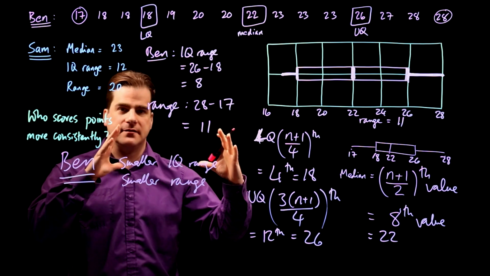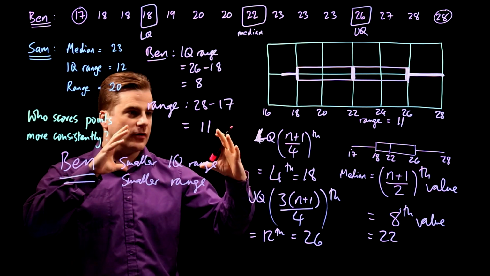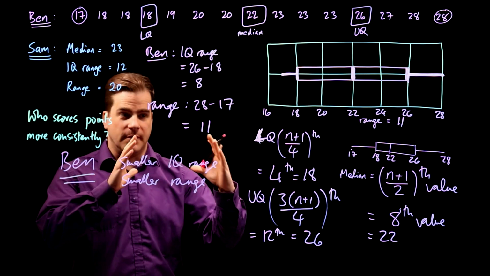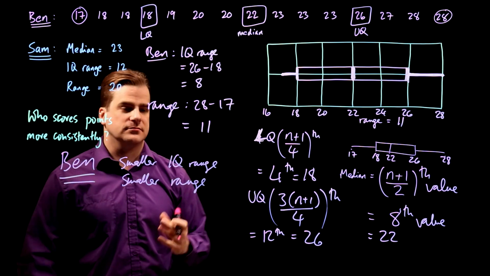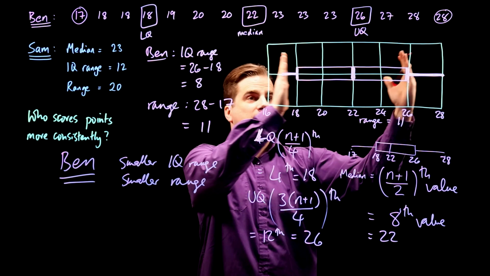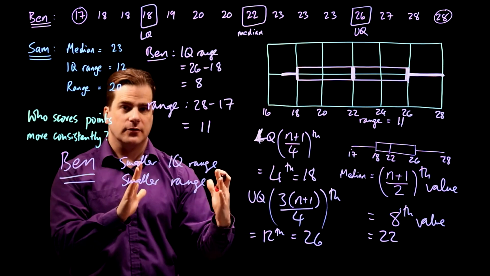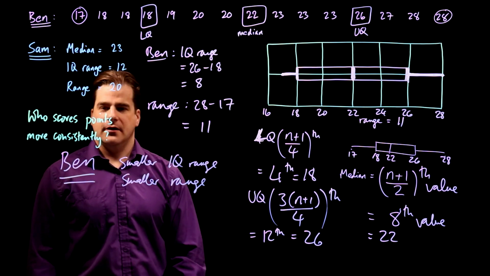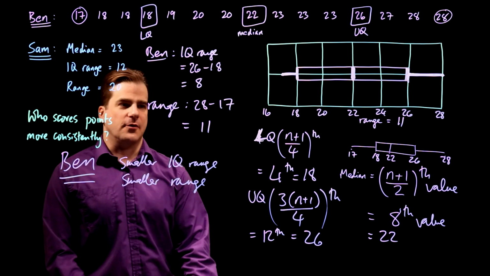If you like, Ben's scores are grouped in a smaller range, meaning he's more consistent. The interquartile range and the total range. Interquartile range, total range, smaller for Ben, so he's more compact, if you like. Yes, good, there you go.